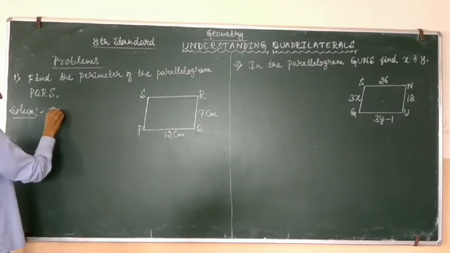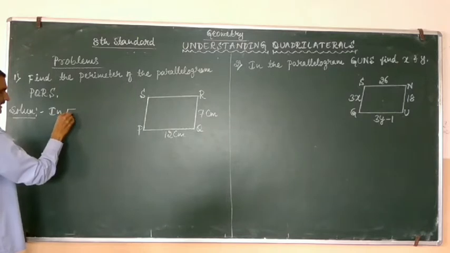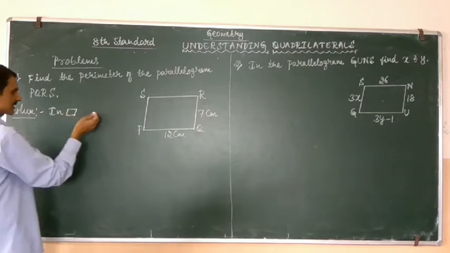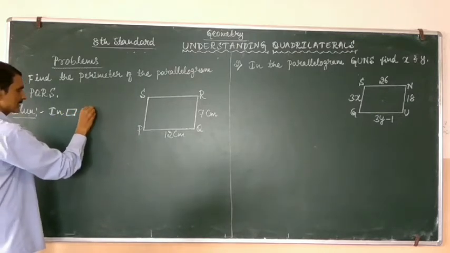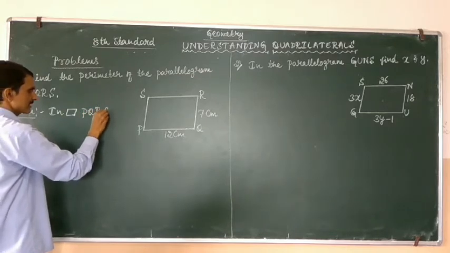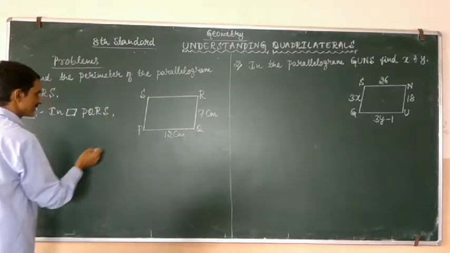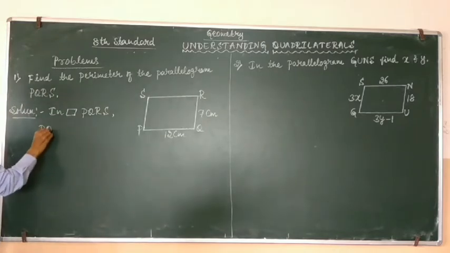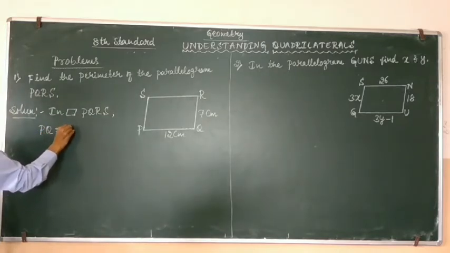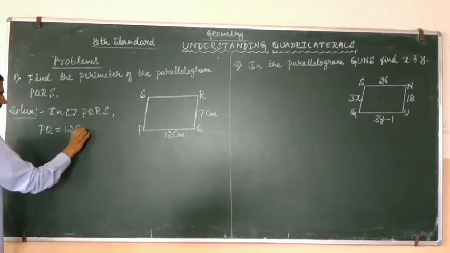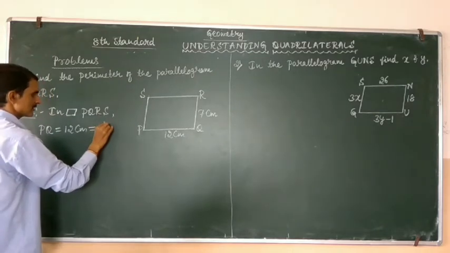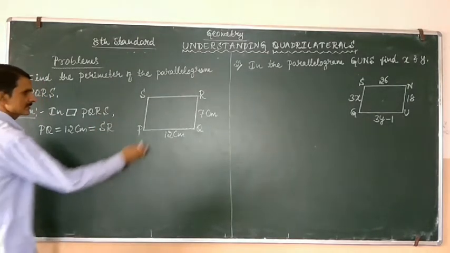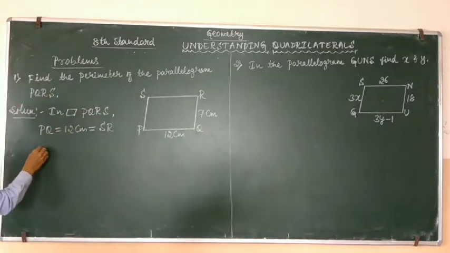So by using that property, students, we shall simplify this problem. In parallelogram PQRS, the data is PQ is equal to 12 centimeter, which is equal to SR also, because these two are opposite sides.